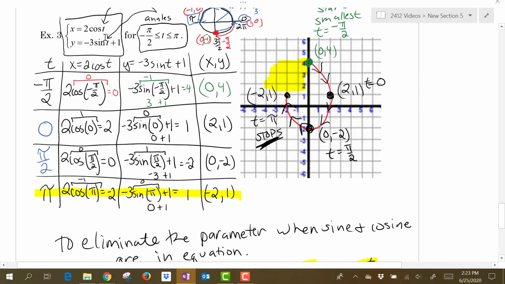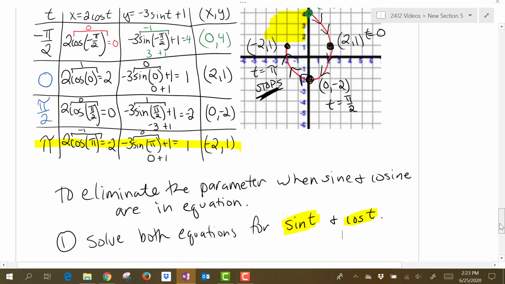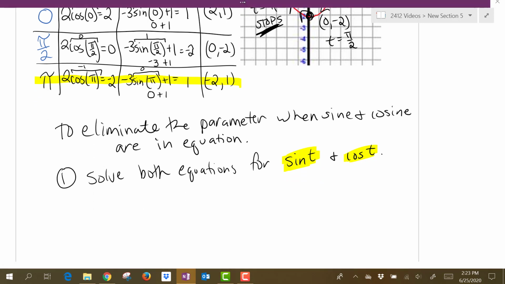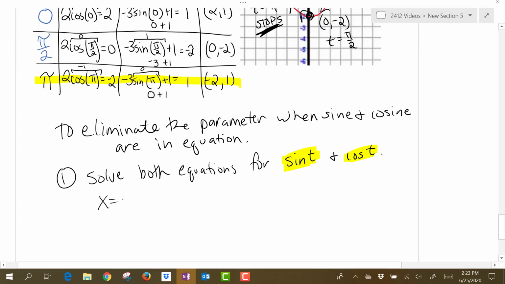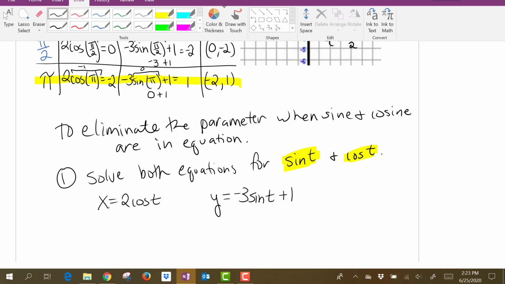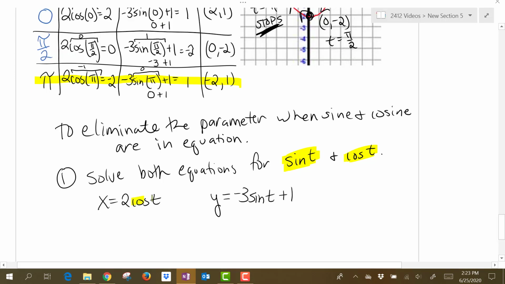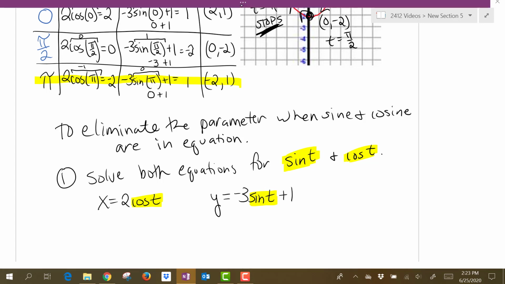We have x equals 2 times cosine t. Alright, and then we also had y is equal to negative 3 sine t plus 1. So for both of these equations, I just want you to get the trig function and its input angle by itself.